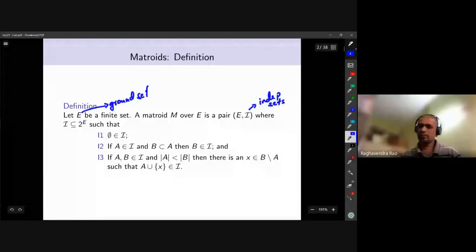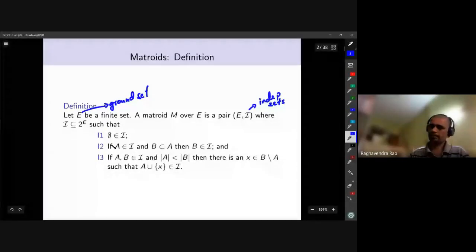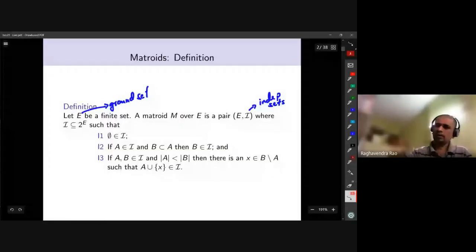The empty set should be independent, and it should be closed under subsets. That is, if A is independent and B is a subset of A, then B should necessarily be independent.